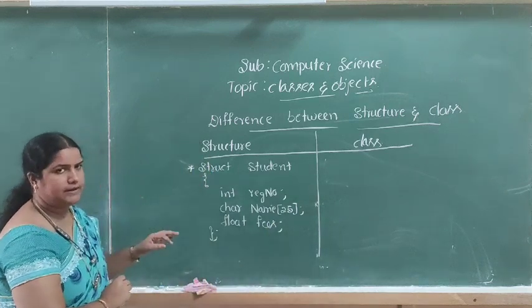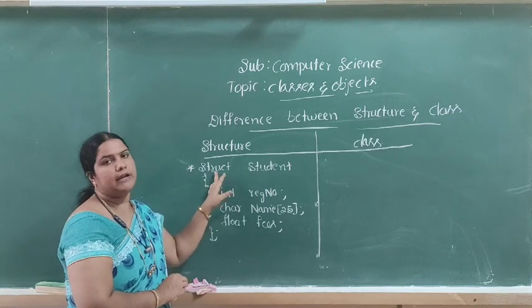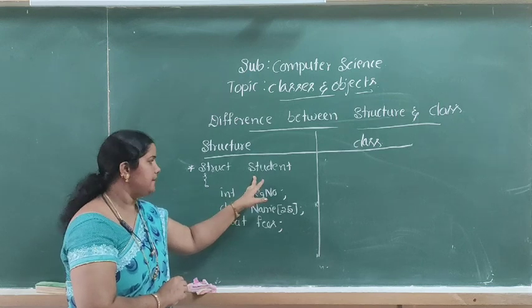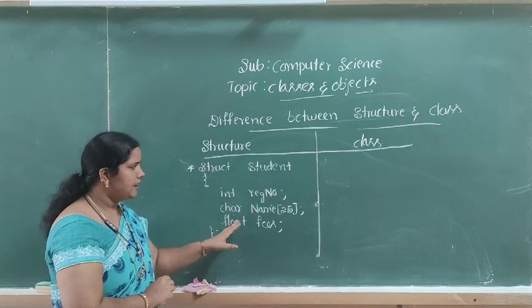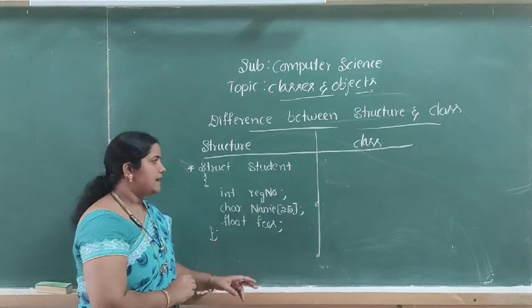This is one example for a structure. Struct is one of the keywords used to define the structure. Student is the structure name, and it contains the different data types int, char, float. These are generally defined as the members.